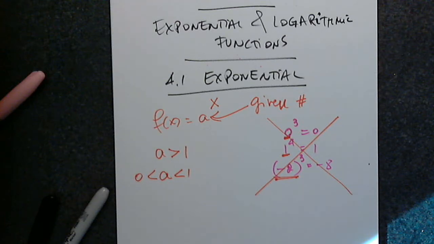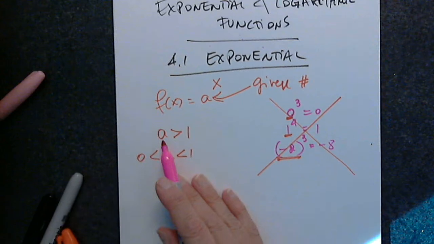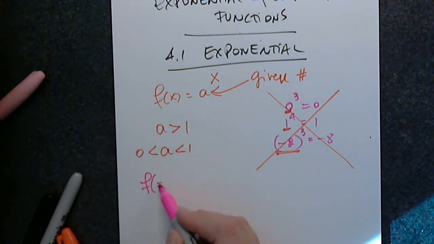And do you remember when we graphed the quadratic function, there were two options, either with a minimum or with a maximum. The same thing here. We're going to look at two different shapes. So one shape will be, can you give me a number greater than 1? Perfect.